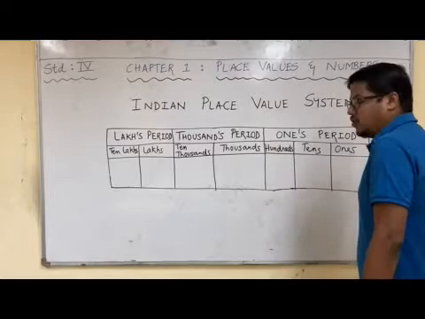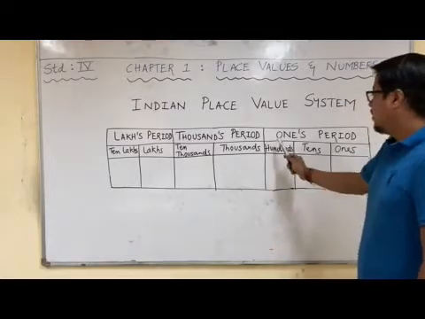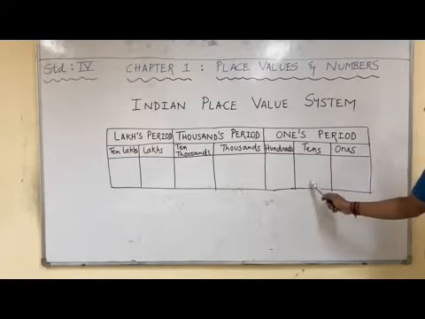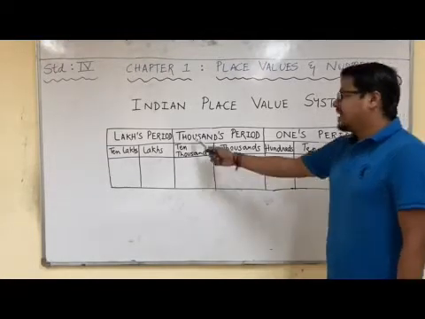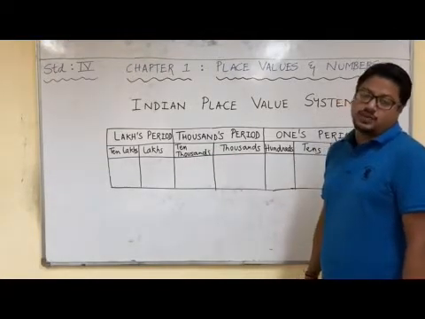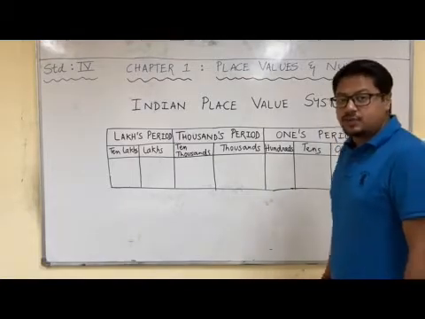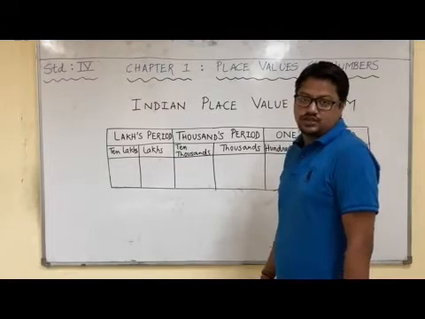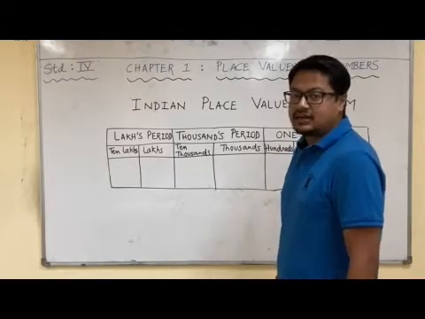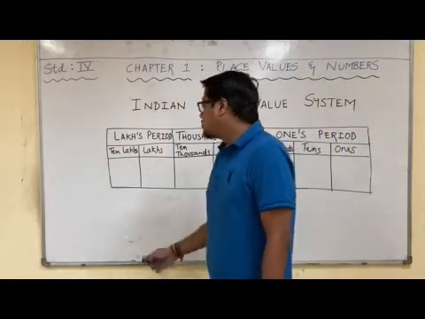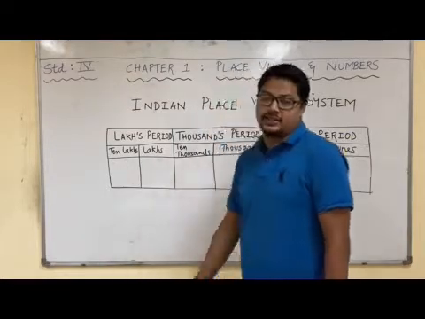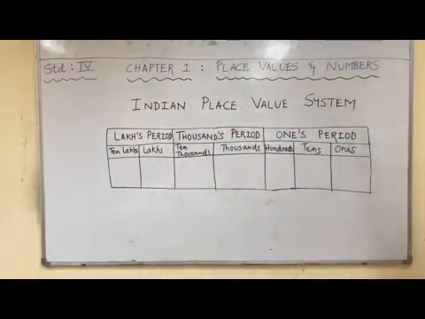Then comes the thousands period, which has 2 places: thousands, 10,000s. And then comes the lakhs period, which again has 2 places: lakhs and 10 lakhs. Let us revise this chart once more, then we will start giving you numbers.